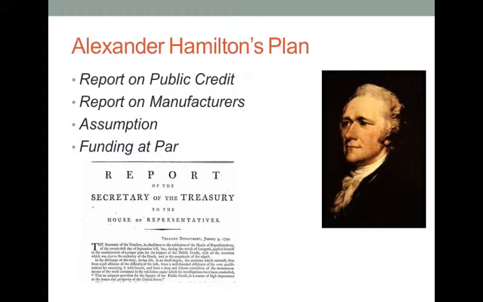Because the idea is that if we give money and incentives to the rich, what will the rich do with all that money that they now have?